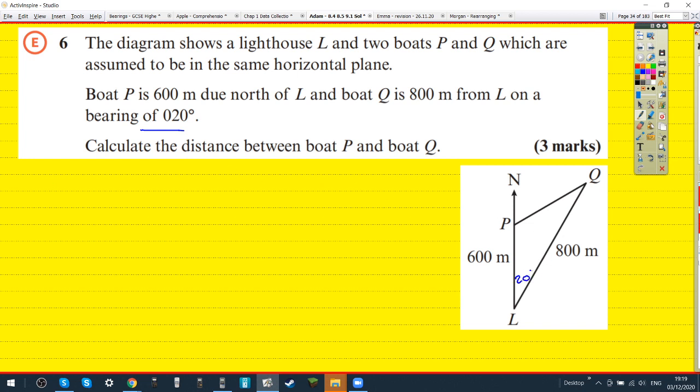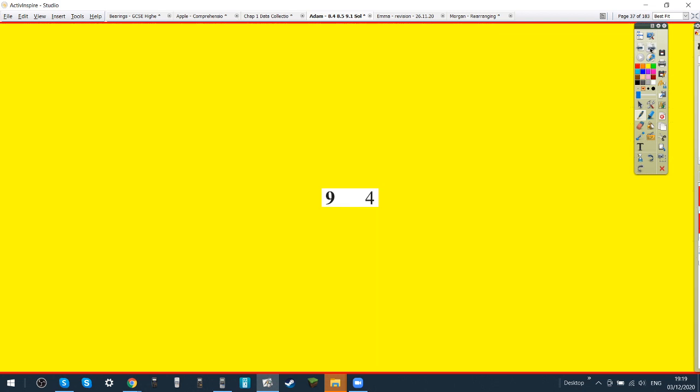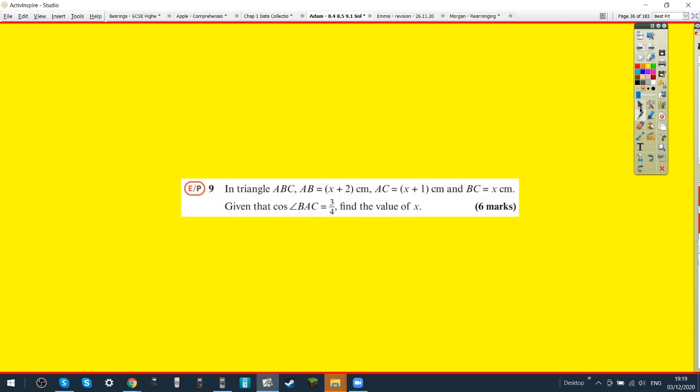Is that where the bearing would go? Yeah. Okay. And so how would we find the distance between boat P and boat Q? Could use cosine. Yeah, cosine rule. I think you'd be fine for the rest of that. The important bit was just setting it up, that's the difficult bit. Once you've done that, it all works.